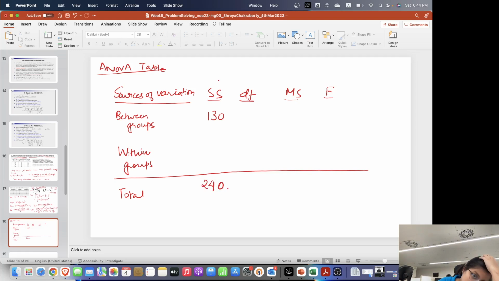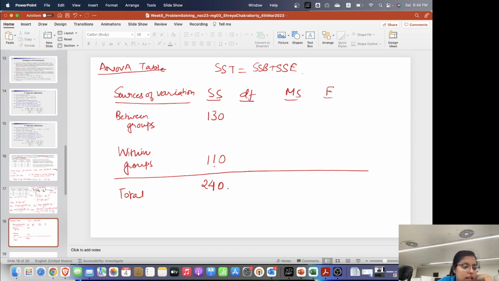Okay, so now we have that SST equals SSB plus SSE. So for within groups, the sum of squares will be 240 minus 130, so it will be 110.